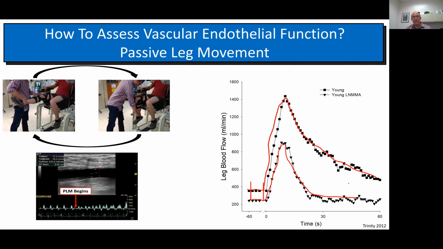So this is very dependent on nitric oxide, right? So taking nitric oxide out, you have a low response. So you can kind of assume if you have a person that has a low PLM response, you might suspect that they have low nitric oxide availability.